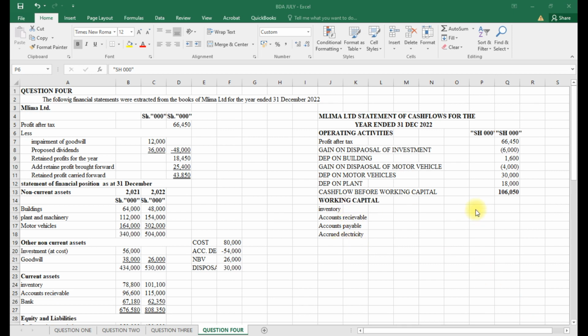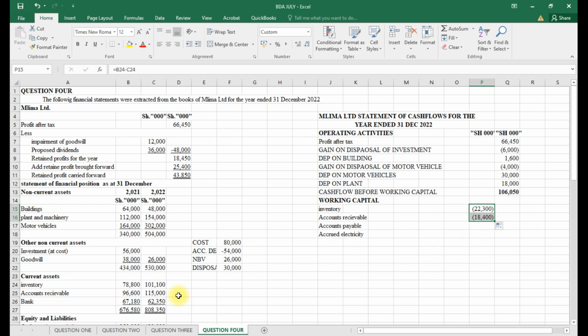So when you look at inventory, what happened to inventory? It increased. An increase in inventory is a negative, so just put equals to this, you minus this, and enter. So it was an increase. The same with the receivable. You can drag this to get the figure for receivable.